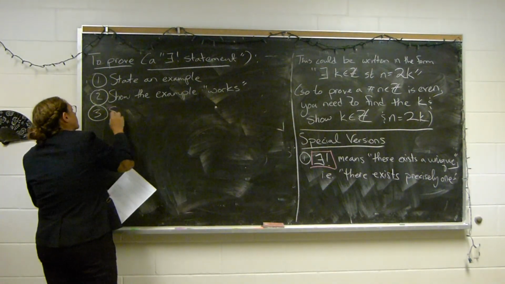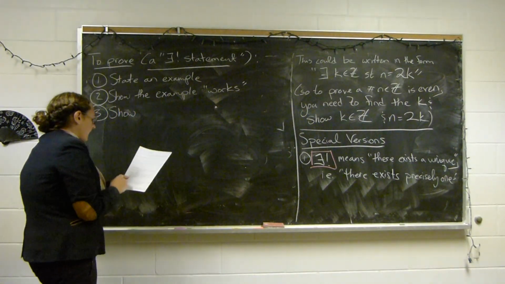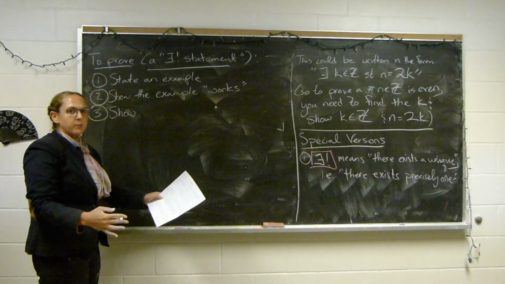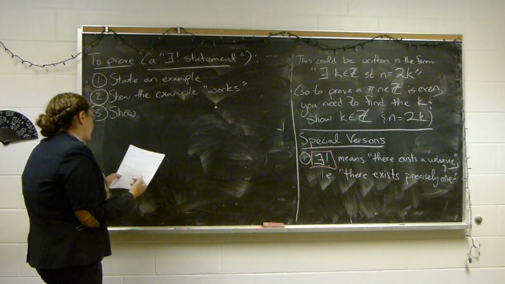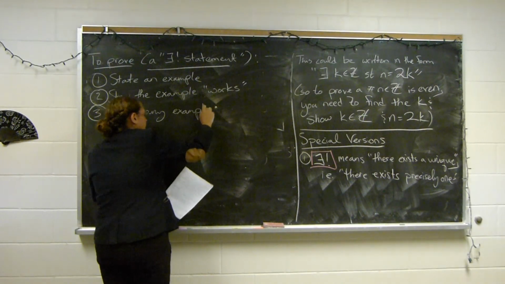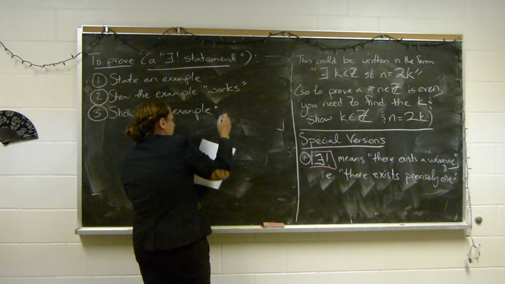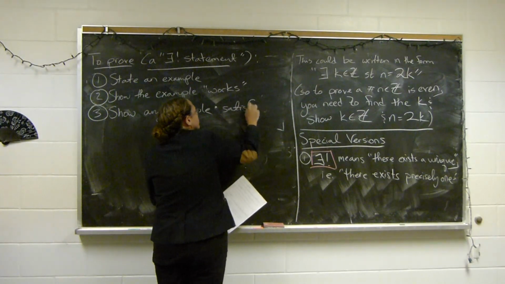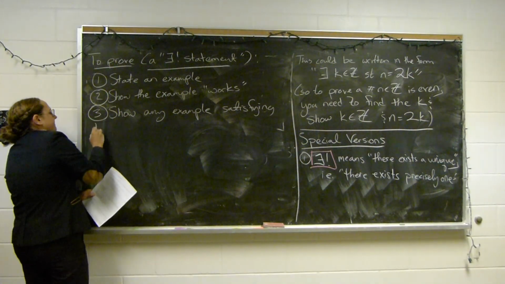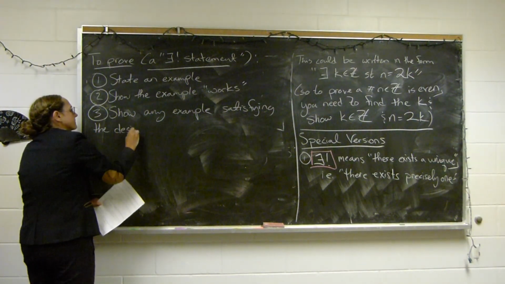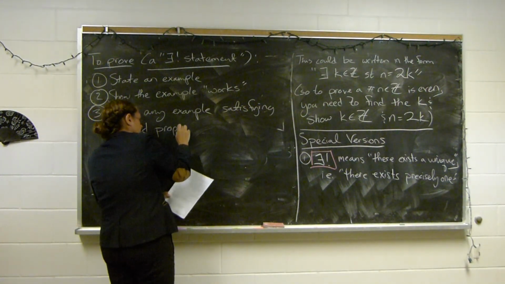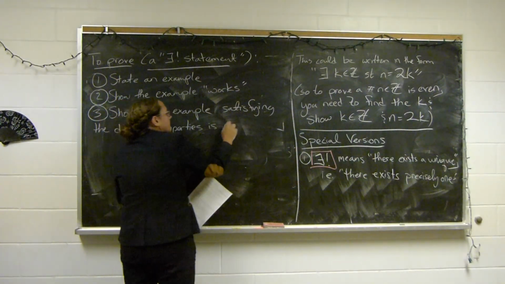Then you show uniqueness. There's more than one way to do this. If you already have existence, you can do uniqueness by showing that any two things satisfying all the desired properties have to be the same. But if you already have an example, it's often easier to show that any example satisfying the desired properties is equal to your original example.